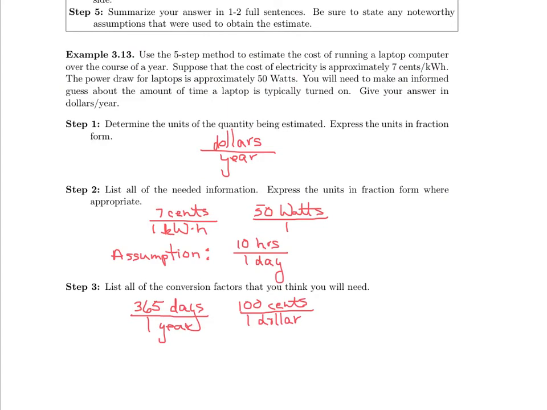And we know that there are 1,000 watts in 1 kilowatt, or said another way, there are 10 to the third watts in 1 kilowatt. So these three conversion factors should be what we need to multiply our given information by in order to calculate the desired estimate.